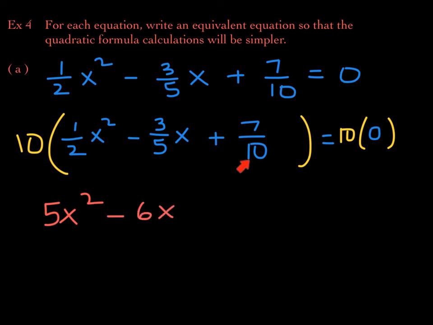This 10 and this 10 cancel out, leaving you with 7. So this equation is an equivalent equation, and instead of using 1/2, -3/5, and 7/10 in your quadratic formula, you can use the numbers 5, -6, and 7 instead, which would probably be so much easier.